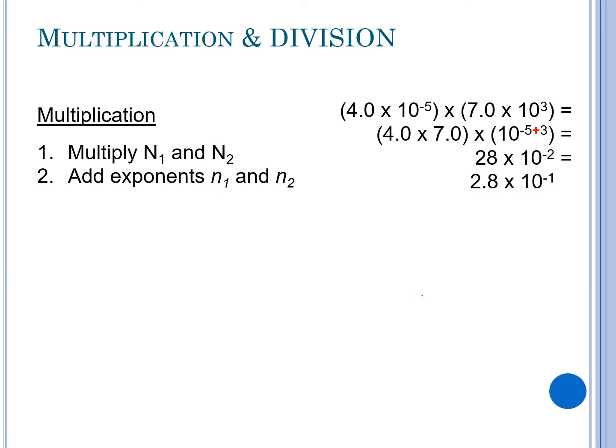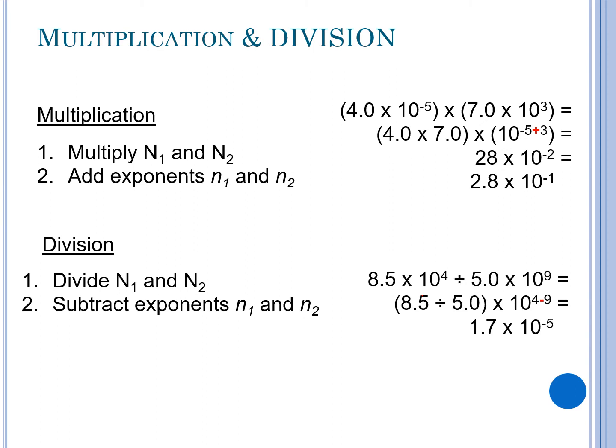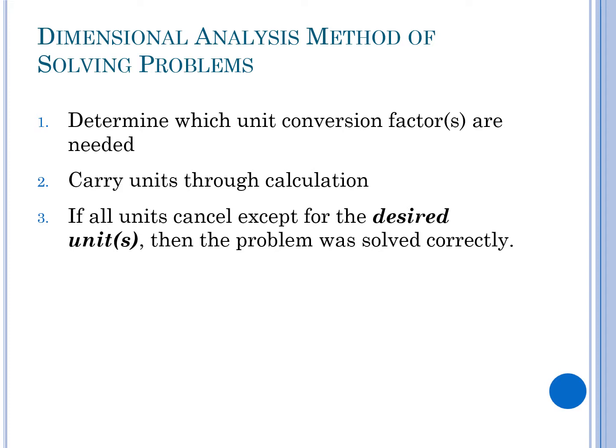We can simplify the answer to 2.8 times 10 to the minus 1, because it is not good to leave a number like that. For division, we divide the numbers first and then subtract the exponents: 8.5 divided by 5, then subtract the exponents. You get 1.7 times 10 to the minus 5. That's the best number.